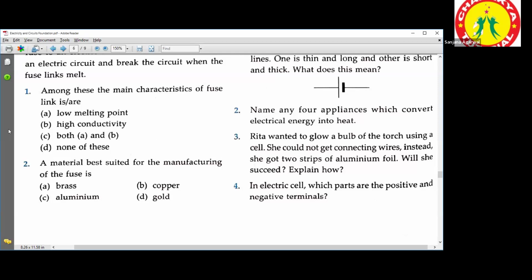Brass is an alloy, a mixture of two different metals, that is copper and zinc. Okay, you first share the answer for first, then I'll tell you the second.